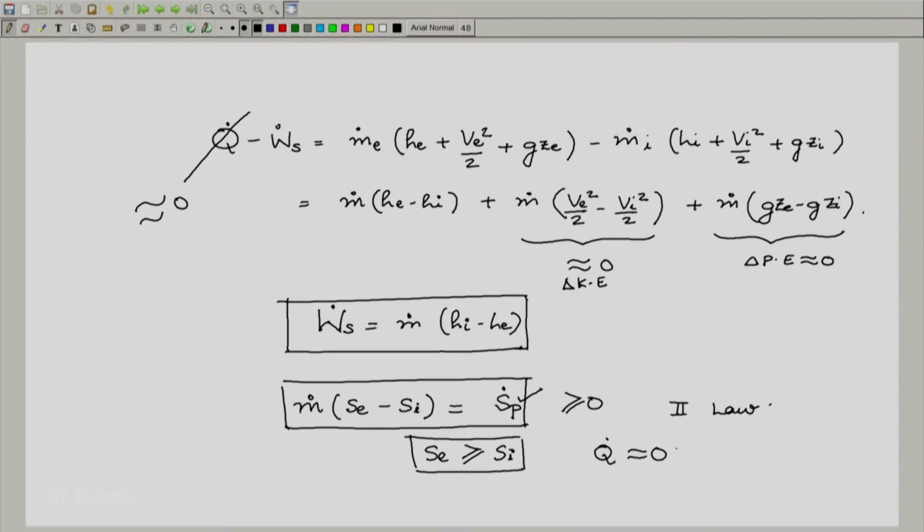If Q dot is not equal to 0 and is actually negative, that is heat leaves the system, then one cannot come to this conclusion, and S E can actually be less than S I, but those are very rare cases. For example, if the turbine is losing a lot of heat, such a thing is possible, but for the devices and the analysis that we consider, S E is greater than S I for the work transfer devices.